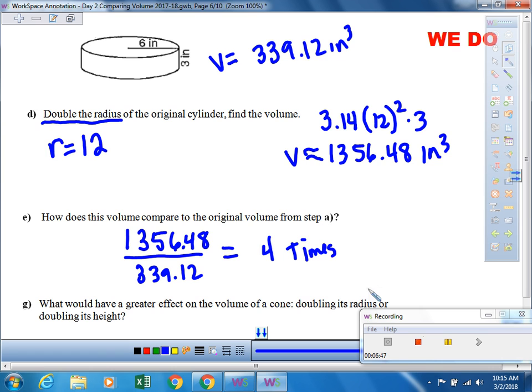So, I want to know why, if we double the height, it's only twice as big. But if we double the radius, it's 4 times as big. Think about it. Talk it over with your shoulder partner.